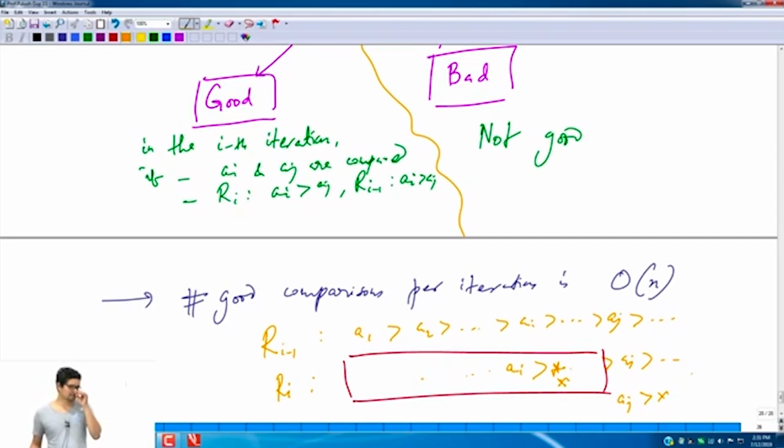If AJ were less than x, the comparison would have stopped there. We keep searching for the place for AJ.